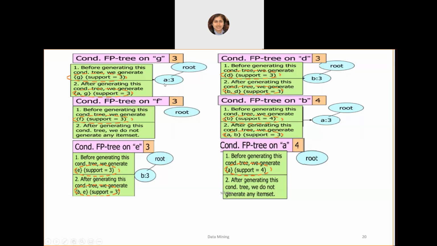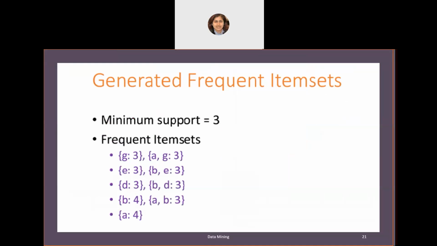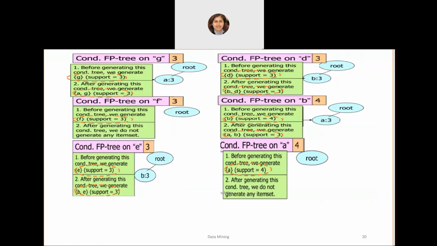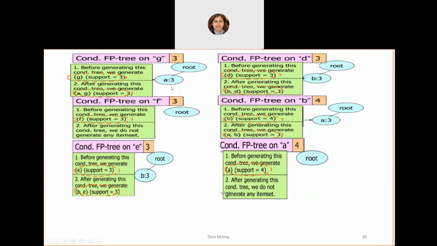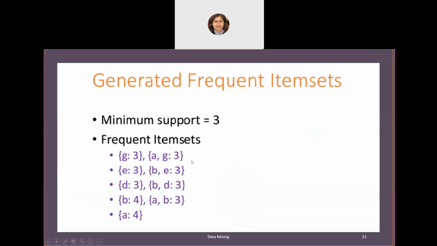So you got the frequency of A as 3, B as 3, okay, A, F, E. So everyone has their own frequency or support counts along with their conditional FP trees. Now from this, whatever you see here is just written over here. So from this, for G3 we got G3 and A3. Okay, this is the frequent item set.